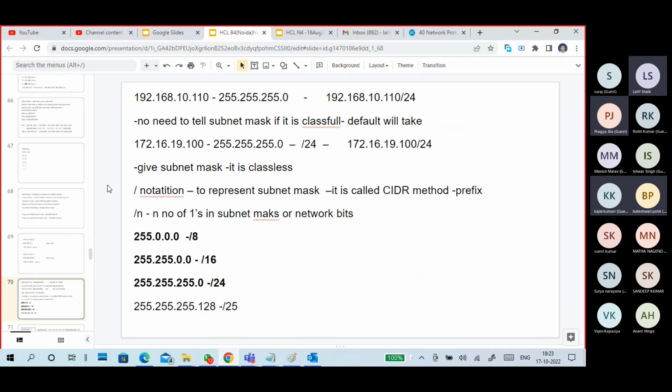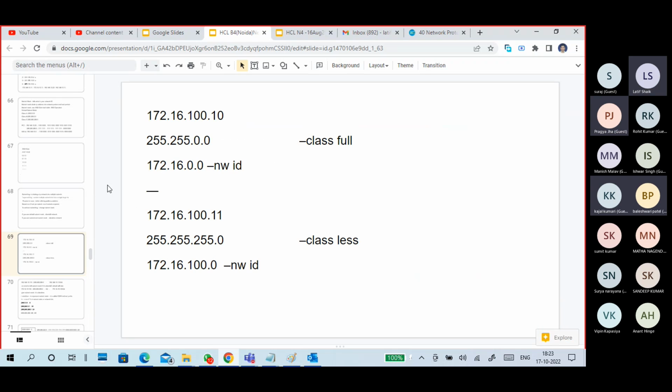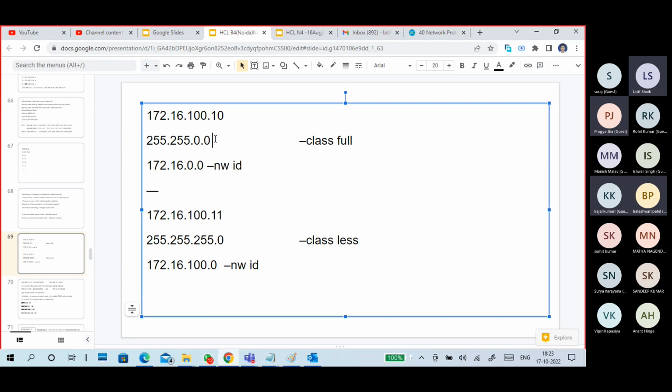In case you change the class, you do it by changing the subnet mask. When you change the subnet mask, the network ID will change. See, here is an example. This is the default subnet mask and this is the network ID, and this is a different subnet mask, and when I calculate, I get a different network ID.